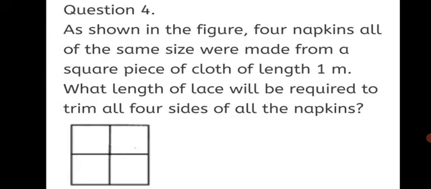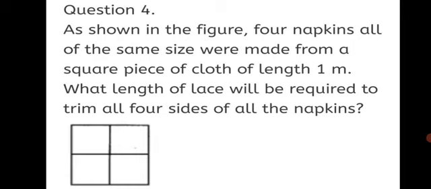Question 4. As shown in the figure, 4 napkins all of the same size were made from a square piece of cloth of side 1 meter. What length of lace will be required to trim all 4 sides of all the napkins? Okay.